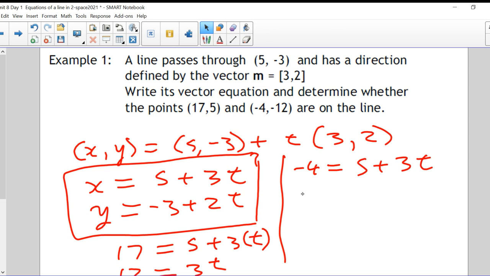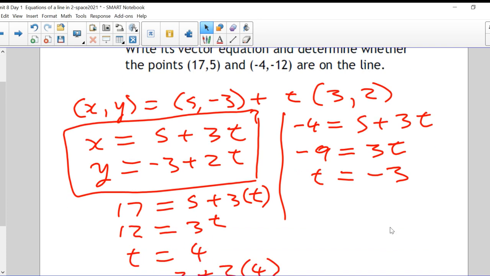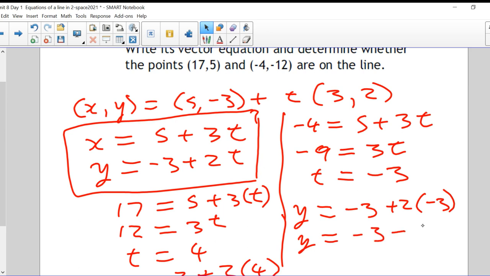Bring that over, so minus 9 is equal to 3t, and therefore t is equal to minus 3. Just solving a very simple equation. Putting that into the y, my y value should be equal to minus 3 plus 2 times minus 3, 2 times that same value of t. So my y should be equal to minus 3 minus 6, which of course is minus 9.